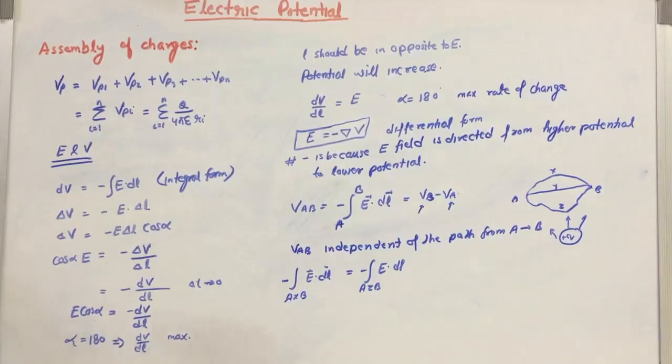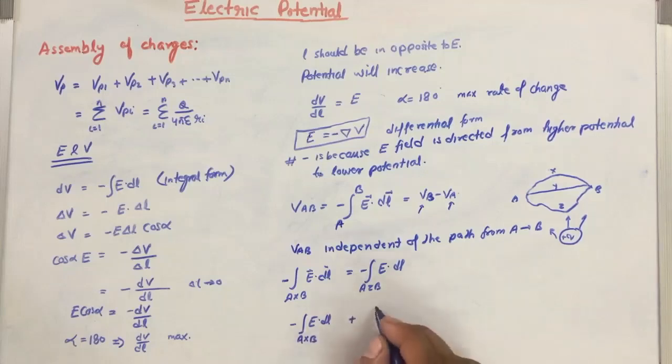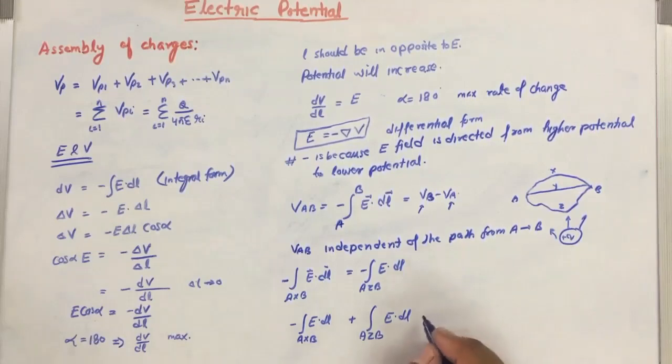Okay. So if in this way both will remain the same, then what can we write? Minus E dot dl along AXB plus E dot dl along AZB is equal to 0.